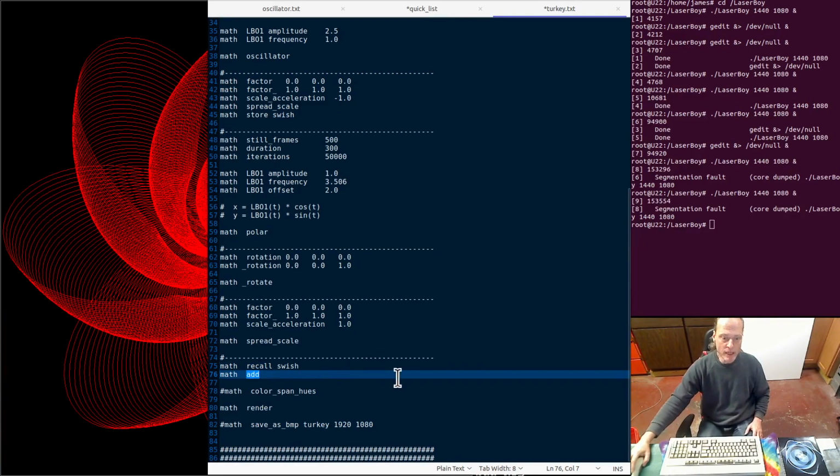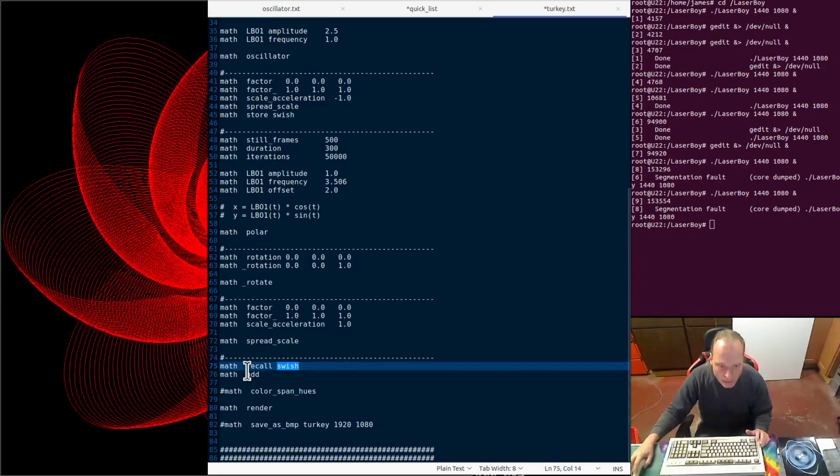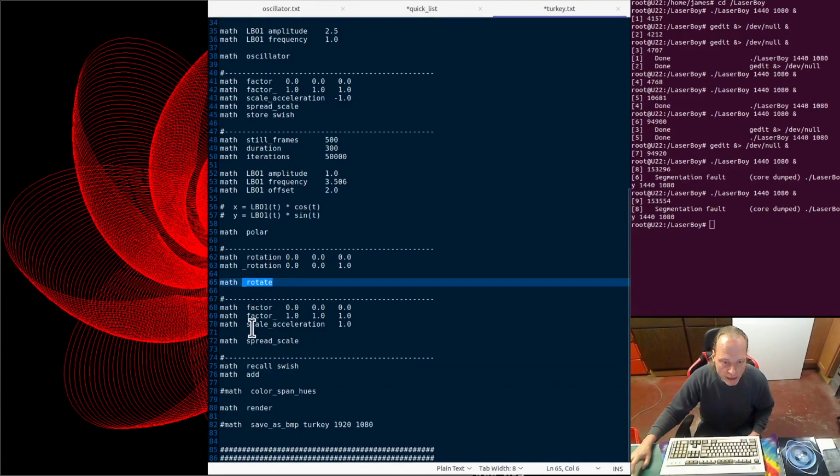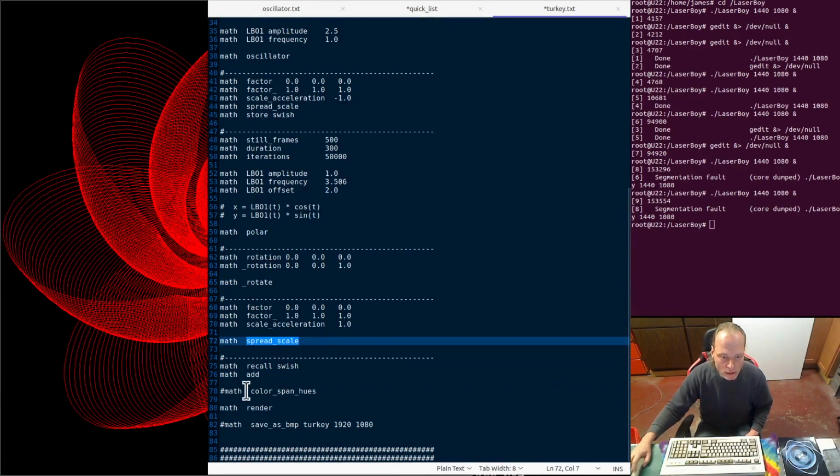What add means is that it literally takes, this is only one frame, as you know. This does not begin with an underscore, so this simply does the same exact effect to every frame in the frame set that's already in the registers, which happens to be this rotated, spread scaled thing that we just did.